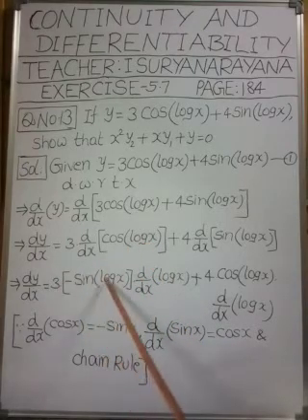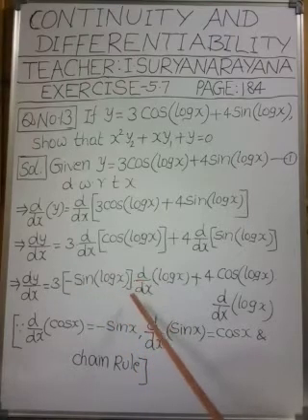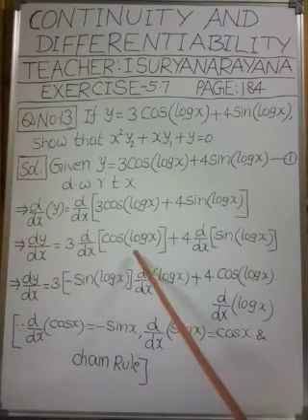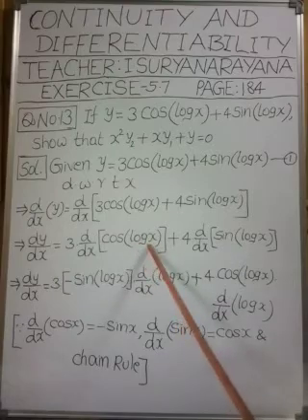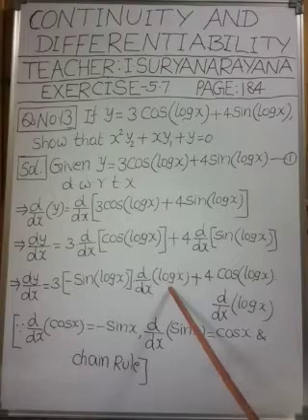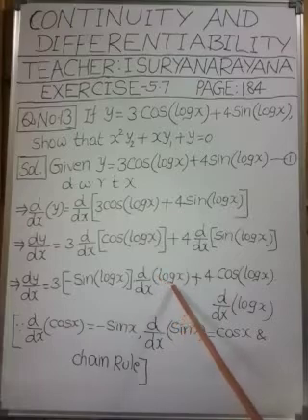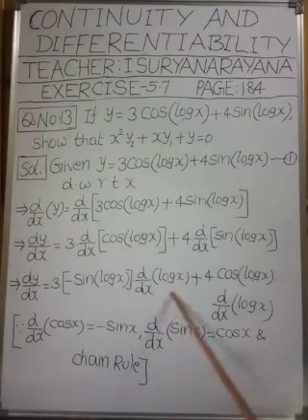So minus sin of log x. Understood this part, my children? Into d by dx of log x, because we assumed log x as x in our mind. So we have to differentiate that function. Whatever we assumed as x in our mind, we have to differentiate that function here. Understood this part, my children?